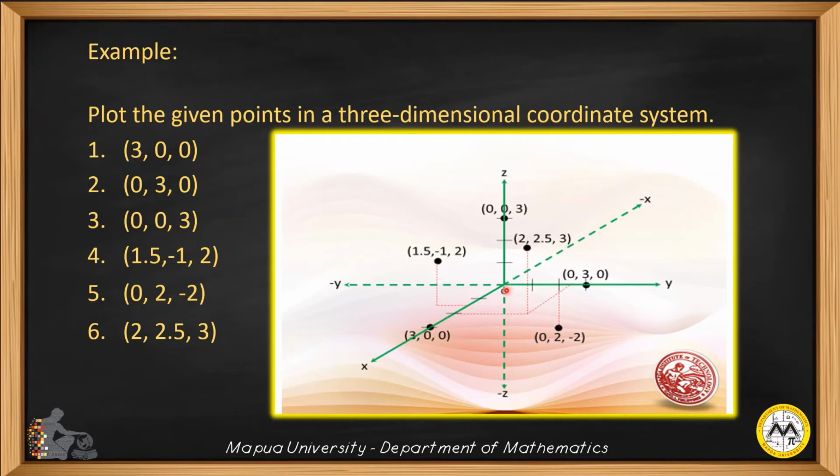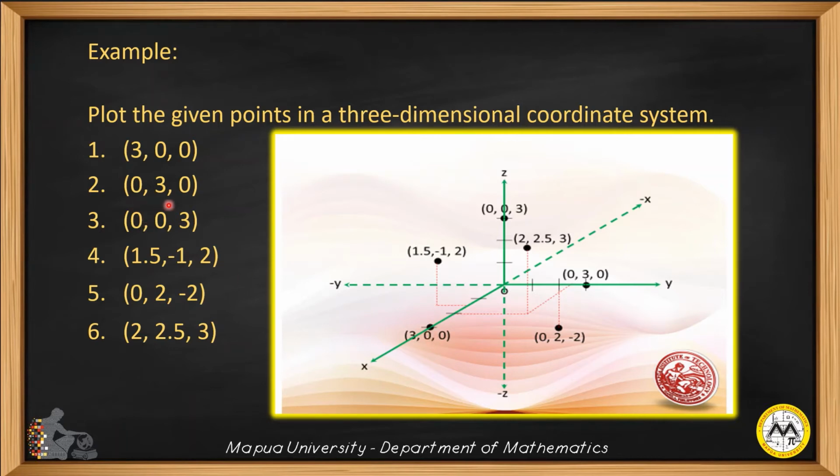So starting from the origin, you move 3 units towards the positive direction of x. So 1, 2, 3, you hit this point. Because the y and z coordinates are both equal to 0, the point we are looking for is 3 units from the yz plane, but 0 units from the xz as well as from the xy plane. So that point will just be a point lying on the positive x-axis.